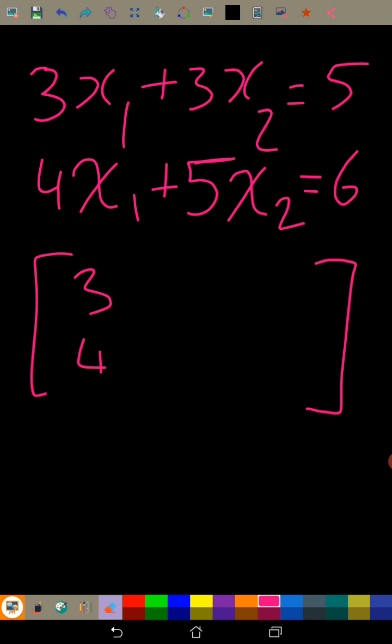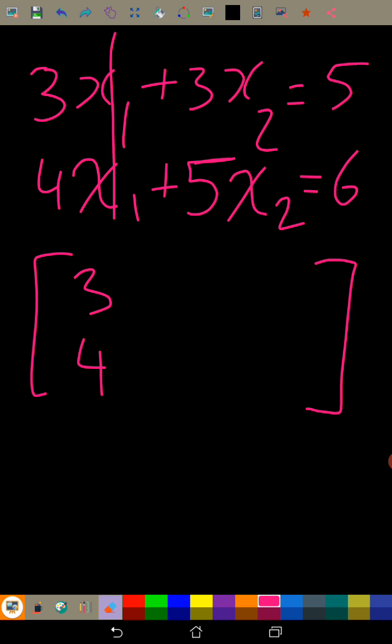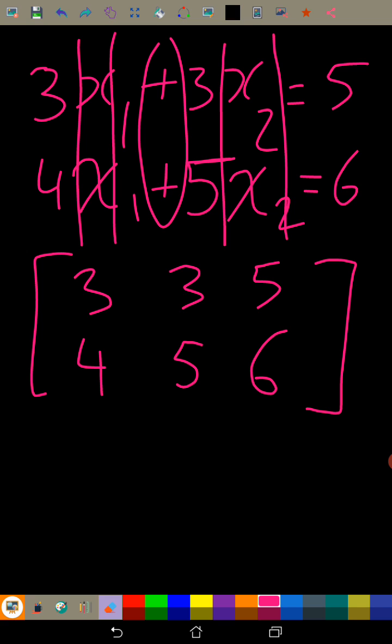So I will write like that. Oh sorry, I just made a mistake. So notice that the coefficients of x1 are under each other, and the coefficients of x2 are under each other. And so I will have 3, 3, and 4, 5. I should not put the arithmetic signs and the equal signs in the matrix. So this matrix can be called A, for example. A is this.